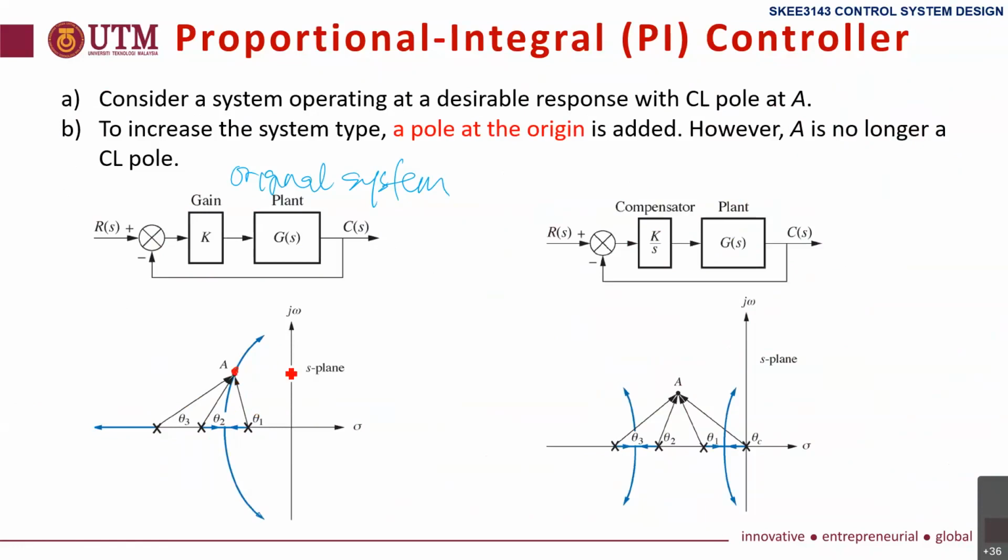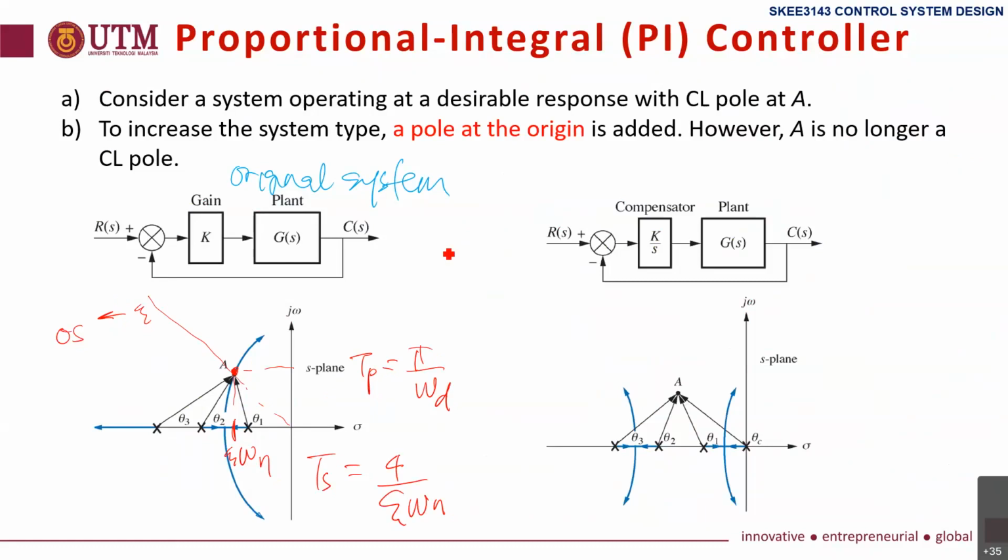We can get Tp here, pi over omega d. If we know zeta omega n, we can get Ts, 4 over zeta omega n. If we know the line here, we can get zeta, then we can get overshoot. Okay? So this is the original system.